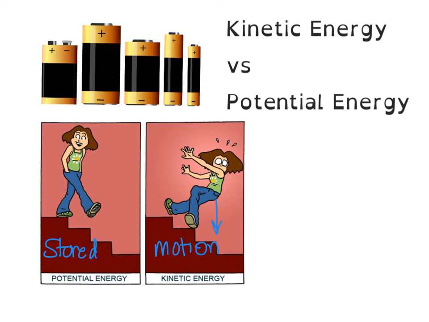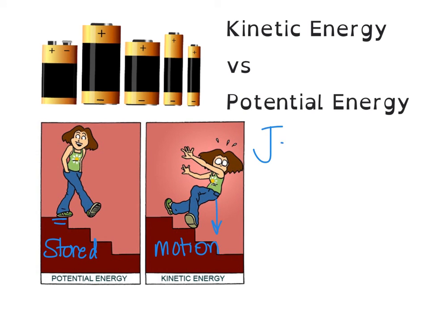So the kinetic energy is the energy associated with the reaction moving, being given off or taken in. And potential energy is the energy stored by being at the top of the steps and the likelihood that she will move down. So again, potential energy is stored energy, and kinetic energy is the energy associated with motion.